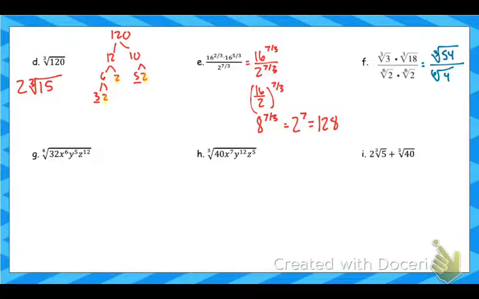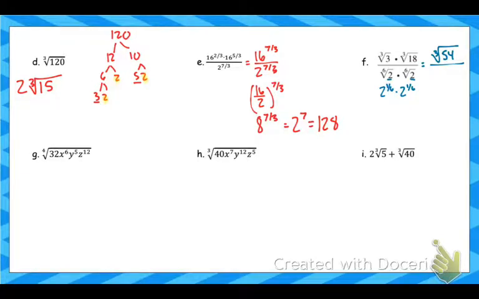Because remember, we can only divide if it's the same root. And right now, I've got a cube root and a 6th root, which are not the same. So what I'm going to do instead is recognize that these have the same base. So if they have the same base, I'm going to rewrite them with rational exponents. Well, if they have the same base, I can add those exponents.